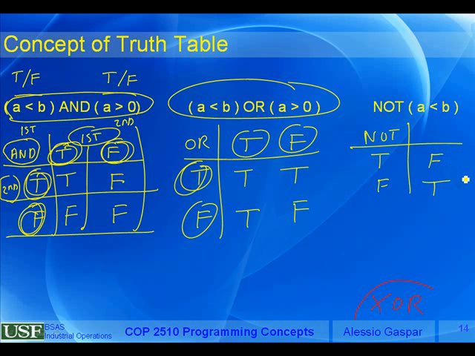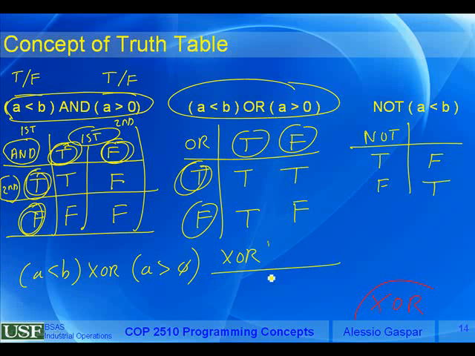I'm going to add real quick somewhere here the XOR operator. Let's say that I have A lesser than B, XOR A greater than 0. This is my XOR truth table. True, false, possible values for the first operand; true, false, possible values for the second operand.